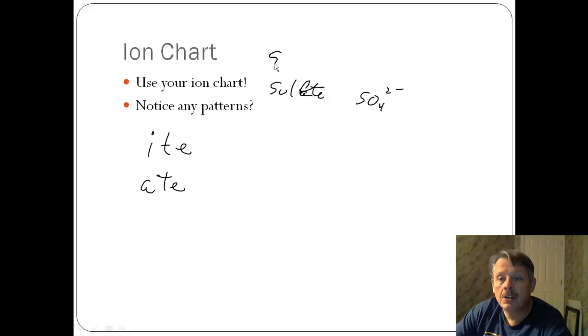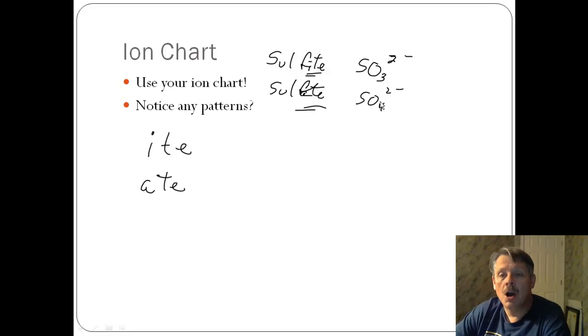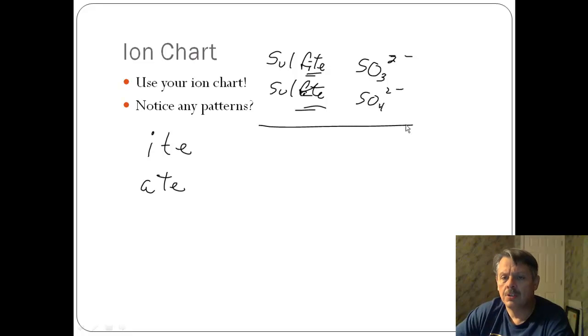But you'll notice that I also have sulfite, which is SO3. It still has a 2- charge. You'll say, well, gee, I noticed the ate and the ite, and the difference seems to be that there's one more oxygen in sulfate. Now, Mrs. Can describes this. She says, well, that's because it ate an extra oxygen. Well, that's a good way to remember it, right? So you could also have nitrate.